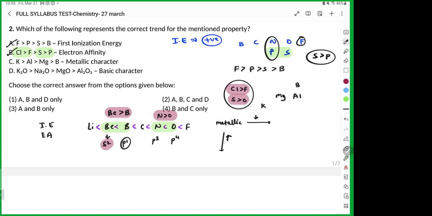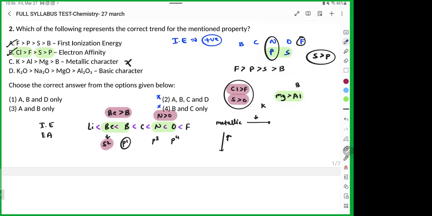Among aluminium and magnesium, along the period, metallic character decreases, so magnesium will be more metallic logically, but here aluminium is given, so this is wrong. So as you can see, according to the option, C is not possible. A and B are correct.